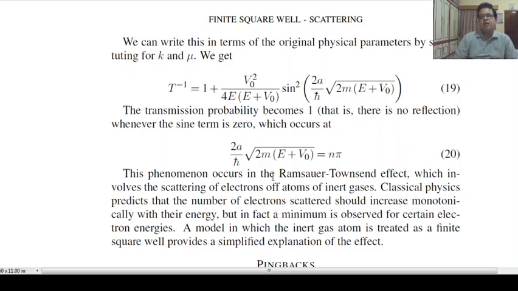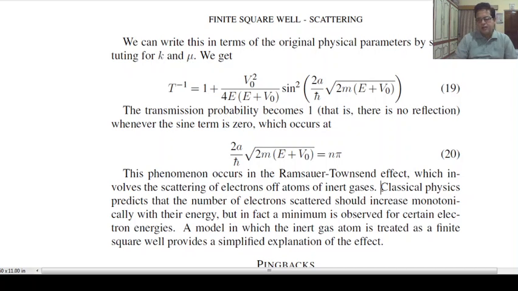This phenomenon occurs in the Ramsauer-Townsend effect, which involves the scattering of electrons by atoms of inert gases. Classical physics predicts that the number of electrons scattered should increase monotonically with their energy.